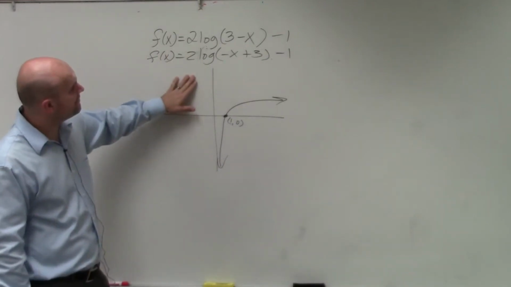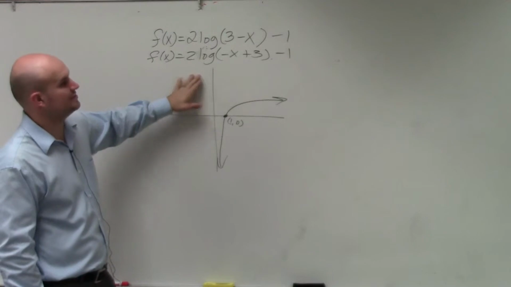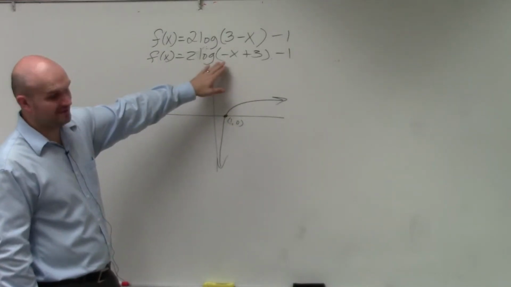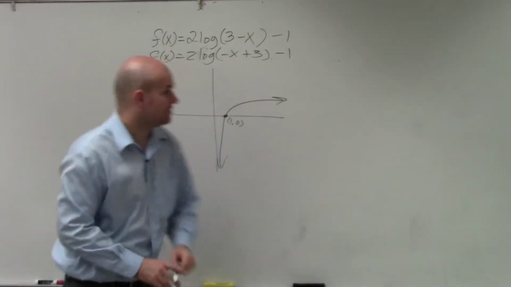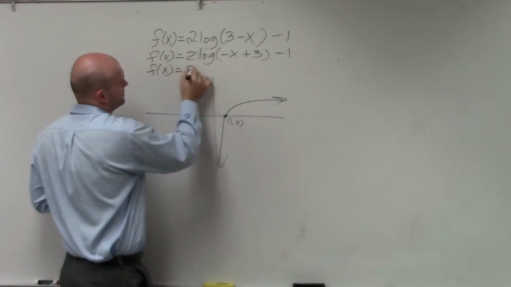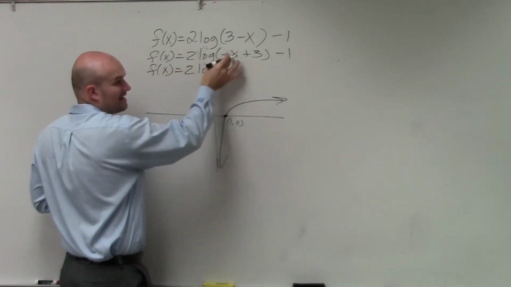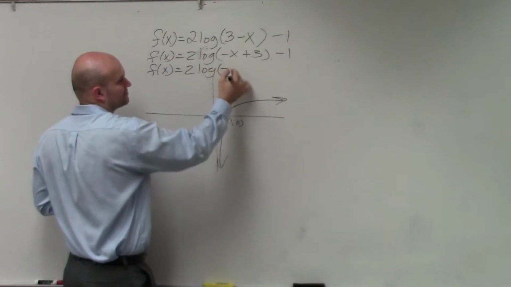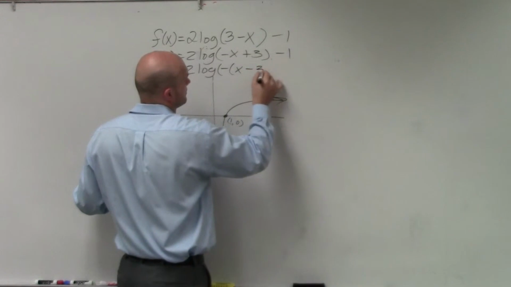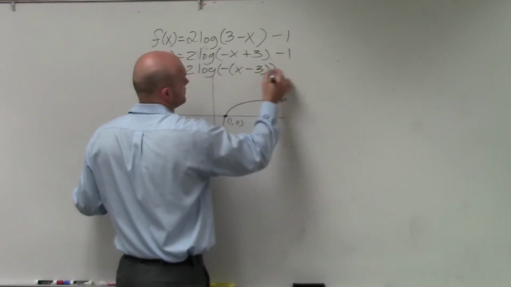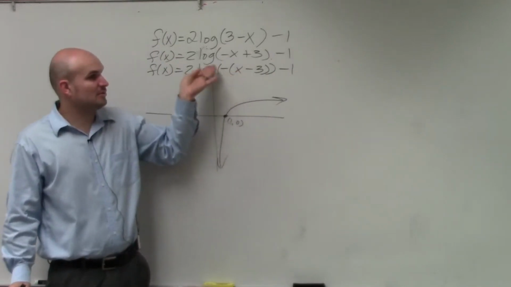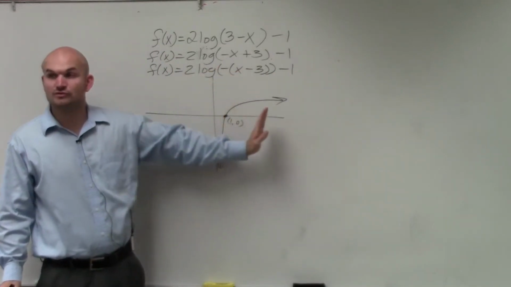Now, where a lot of times this gets tricky is when you have a negative inside. When you have a negative inside of this, what we can do is rewrite this one more time. When you just have one negative, that's not really a big deal. But if you factor that out, you can see that negative is actually being multiplied, and that's actually shifting it over to the right.